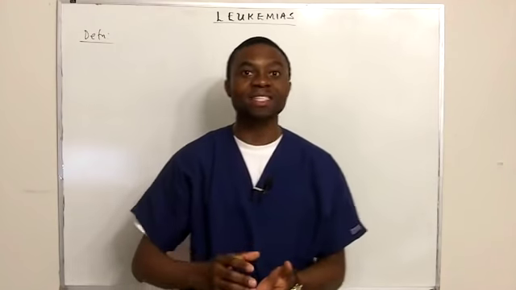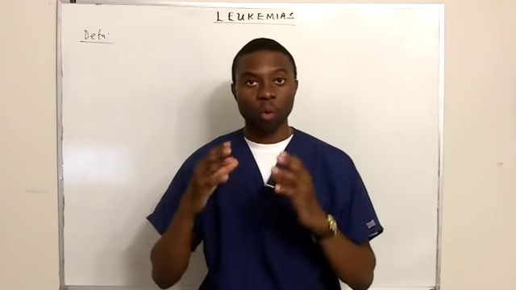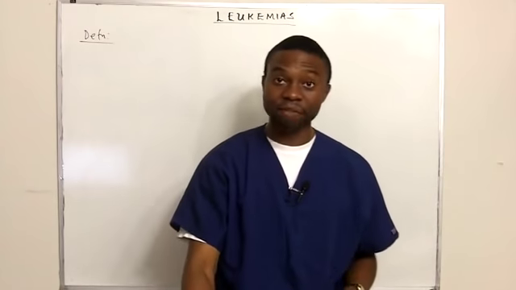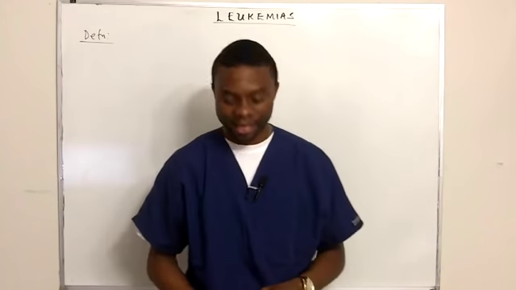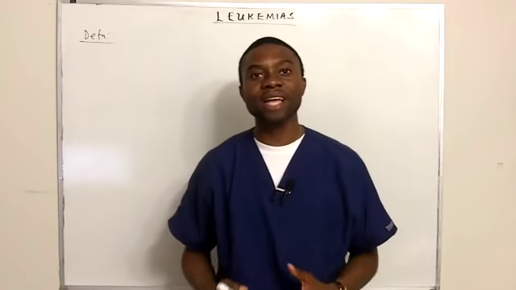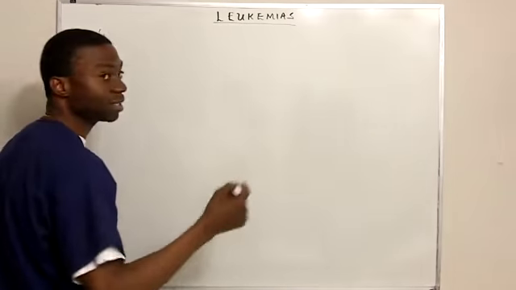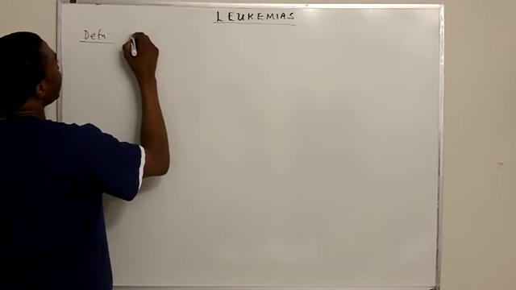So when we have cancer of the white blood cell lineage, we know we are dealing with a form of leukemia. So definitely the definition of leukemia is the malignant proliferation of abnormal white blood cells, which is found inside the blood, right? So let's write that down.